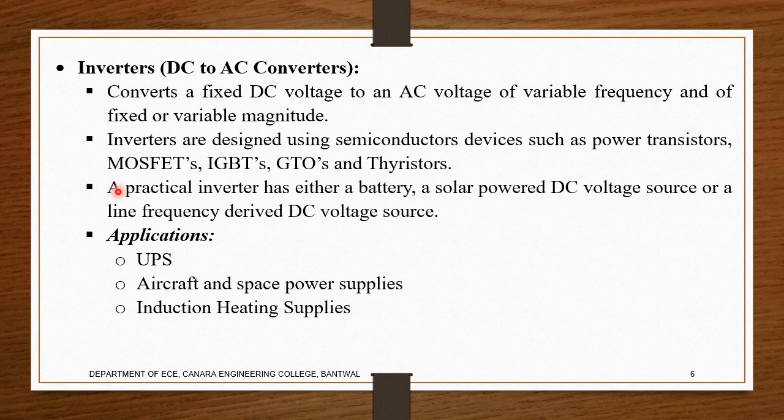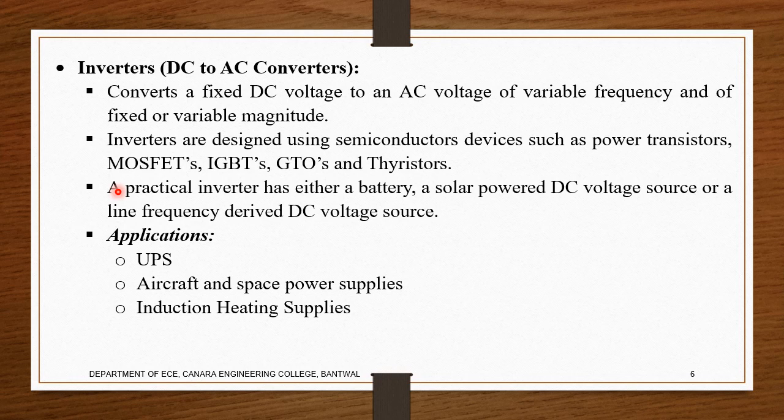Next one, the inverters. Everyone is familiar with the term inverter. What is an inverter? It usually converts DC to AC. In many homes they have an inverter, which is a circuit name. The inverter is the circuit that converts the energy stored in the battery, which was converted from the AC source to DC.